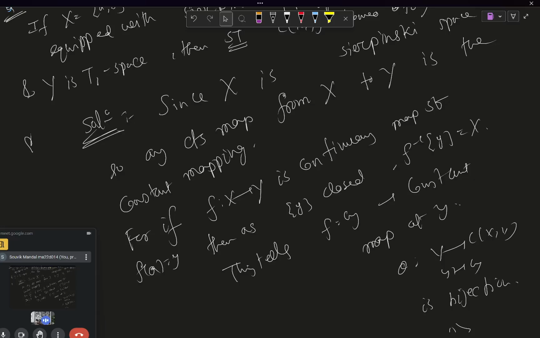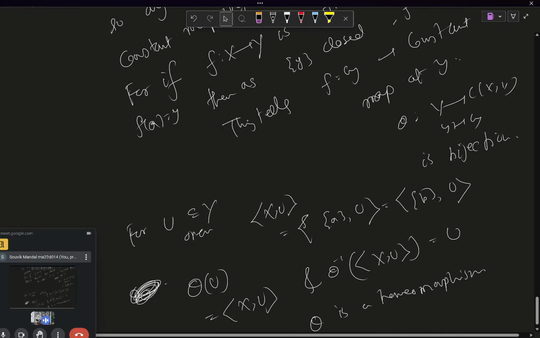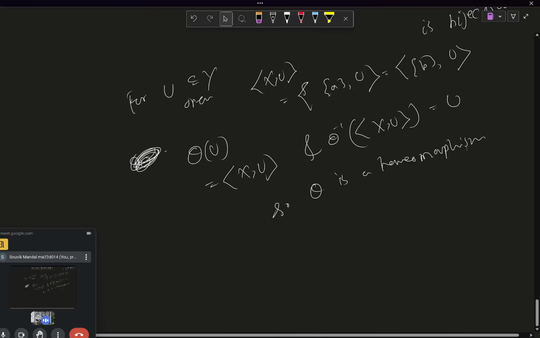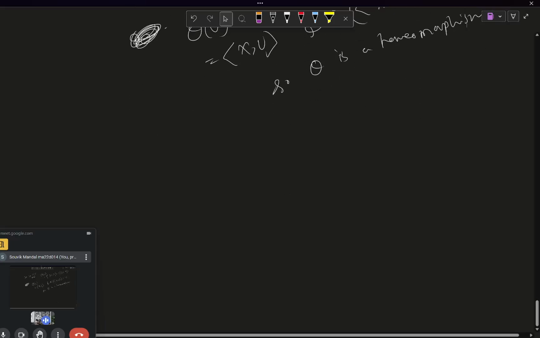The map theta from Y to C(X,Y) is a bijection, so theta is a homeomorphism. So this is the full argument.